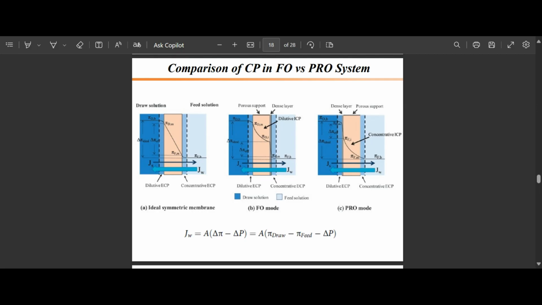But whatever membrane-based desalination technology we apply, we need to think about this bad phenomenon. We call this concentration polarization. What is happening?